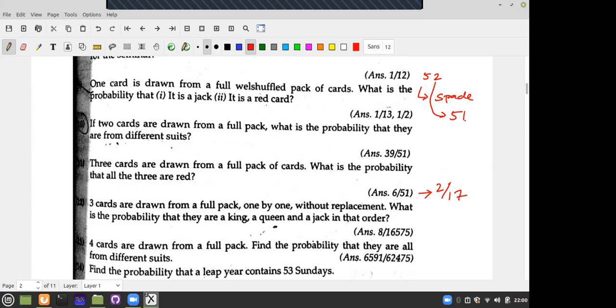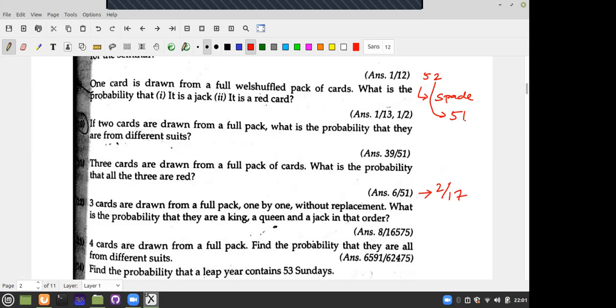And now I cannot choose again from the spade. So how many are non-spades? 39. That is 26 plus 13.